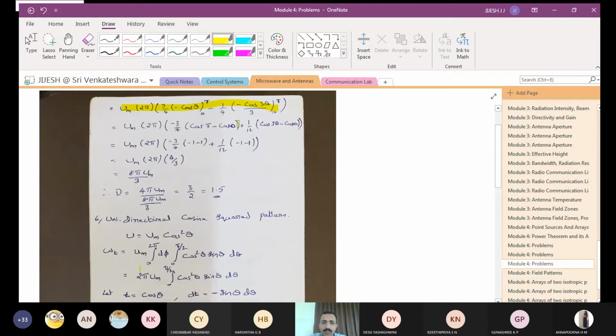So just to understand all these things, we are doing different types of problems in order to understand how to find out the directivity. So here you will be getting 8 pi by 3. All of you got 8 pi by 3? Have you got 8 pi by 3?